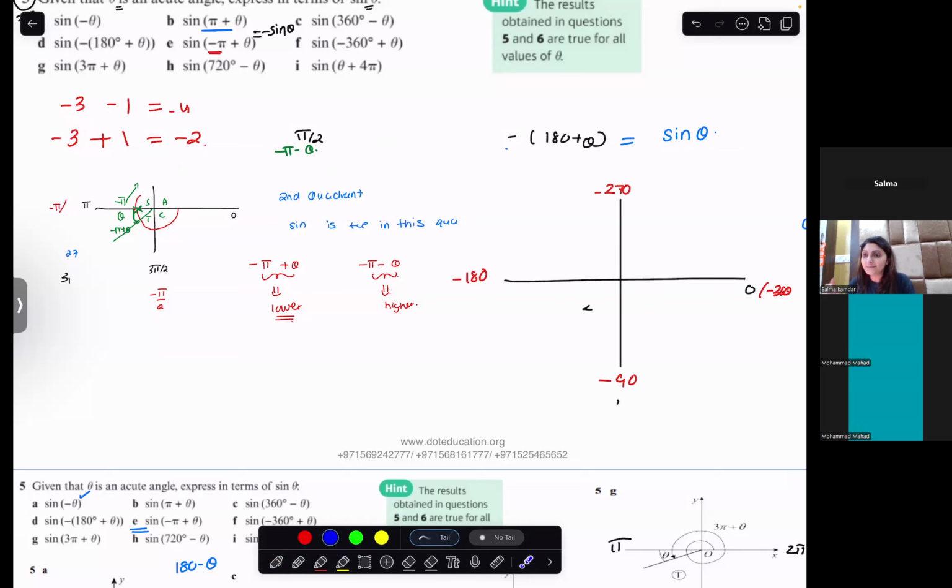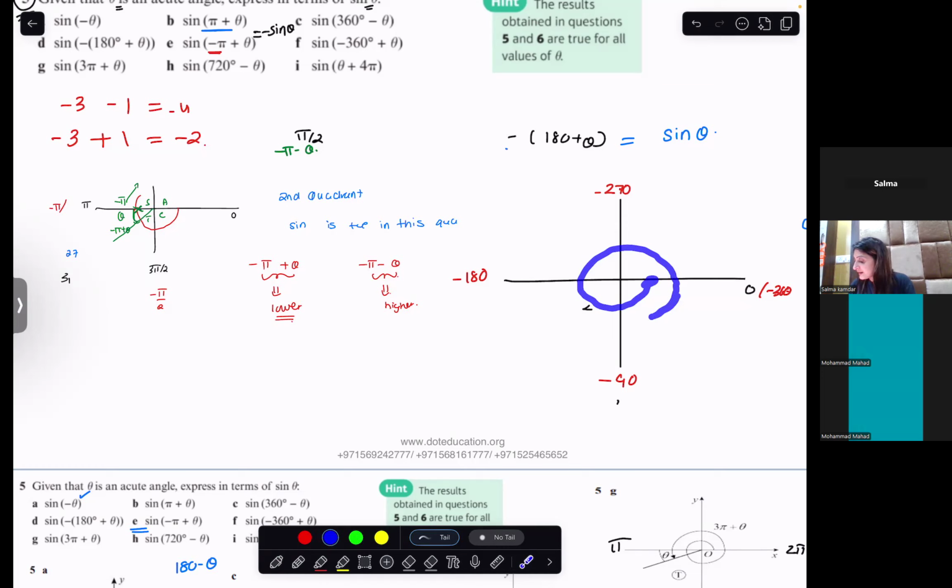So that means I'm going to go in the anti-clockwise direction. I start from 0, I hit the 90, the 180, 270, and 360. If I go further down, it would be 360 minus theta.